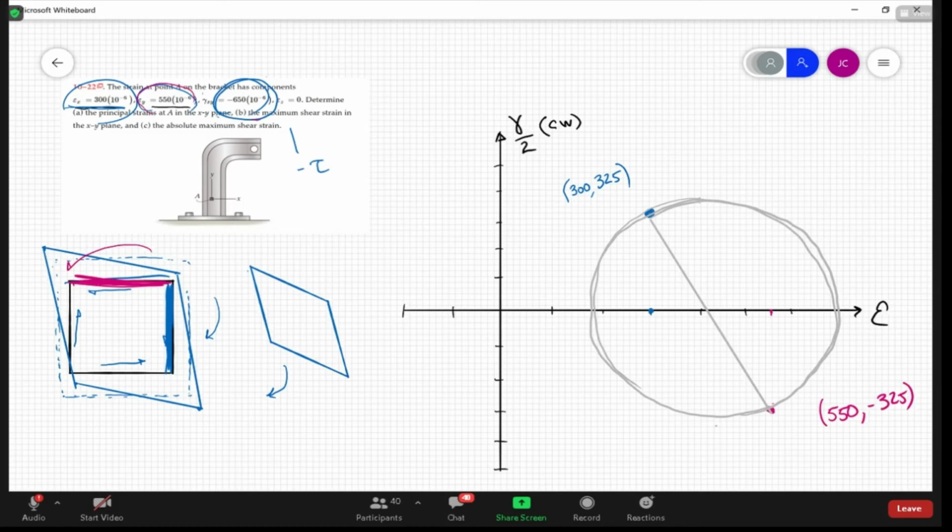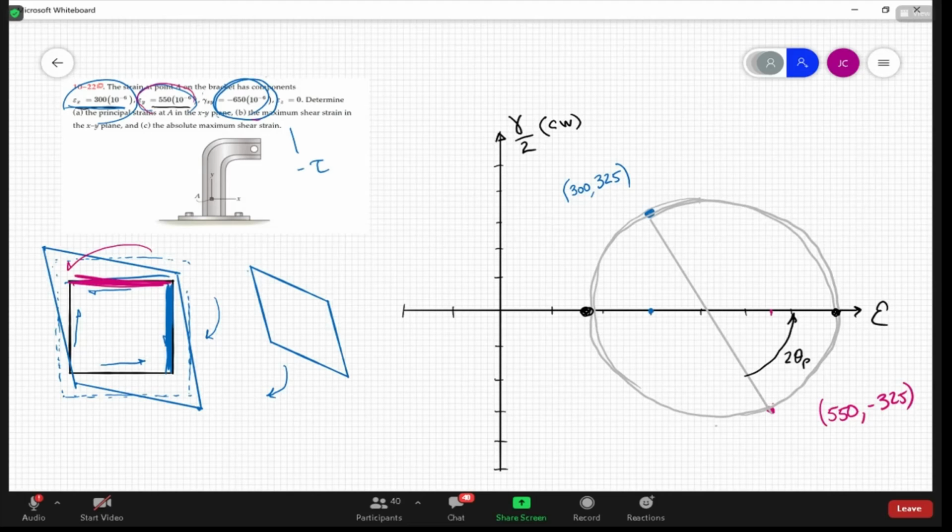Okay, first they want us to find the principal state. The principal state is going to be here and here. So we rotate this angle, which is twice the angle to get me to that principal state.